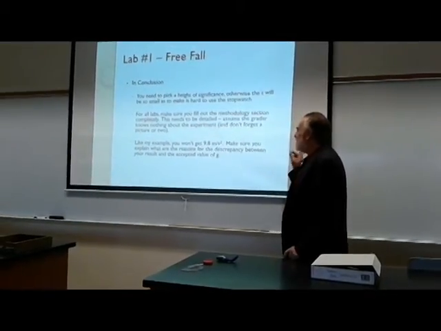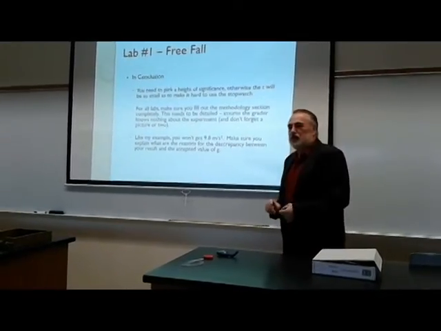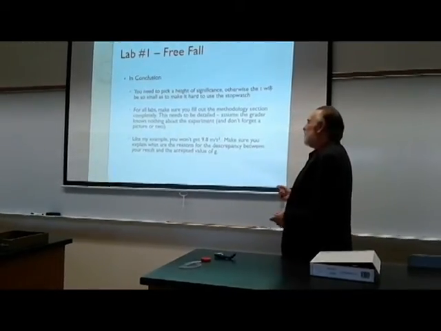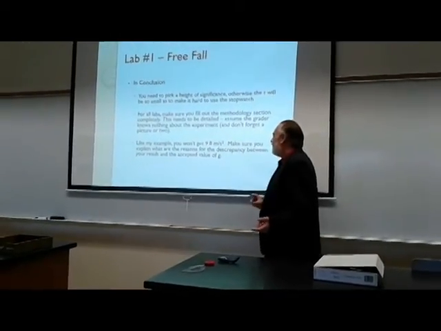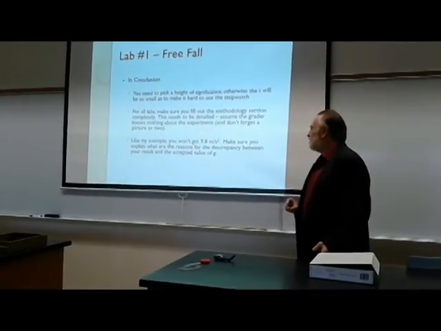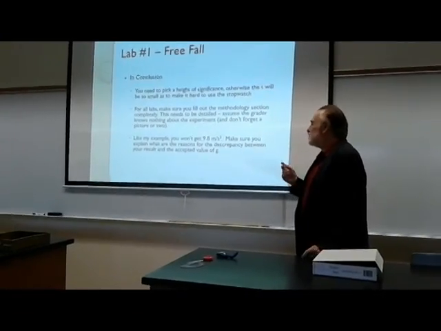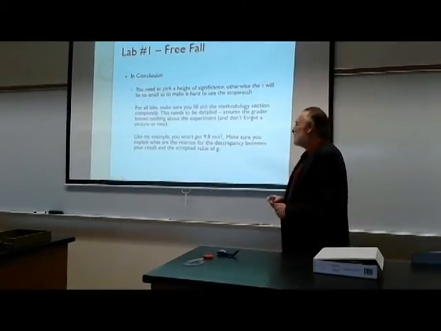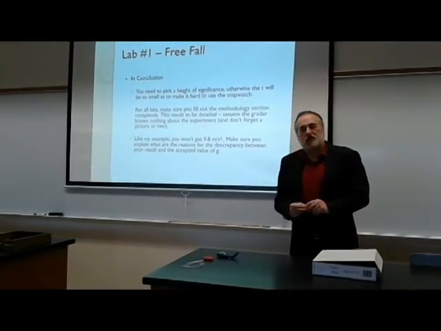So, assume that the grader knows nothing about the experiment. Be very detailed. Like in your example, you won't get 9.8 meters per second squared. Make sure you explain the reason for the discrepancies between your result and the accepted value of g.